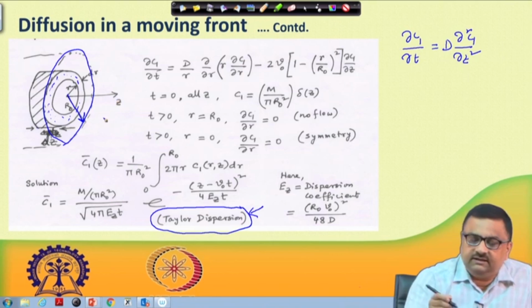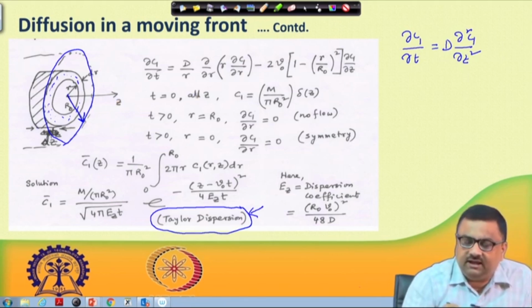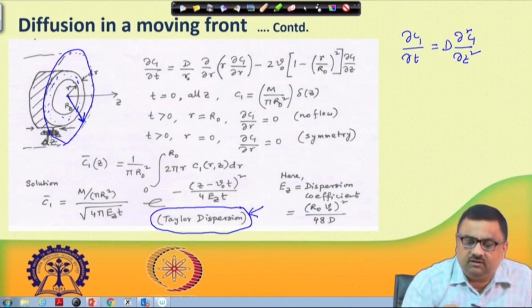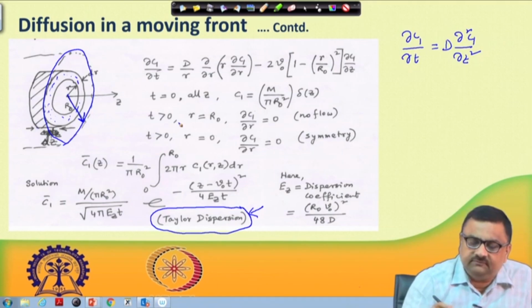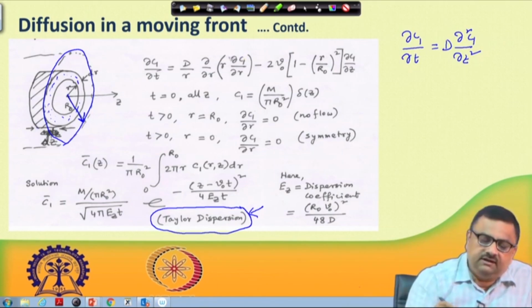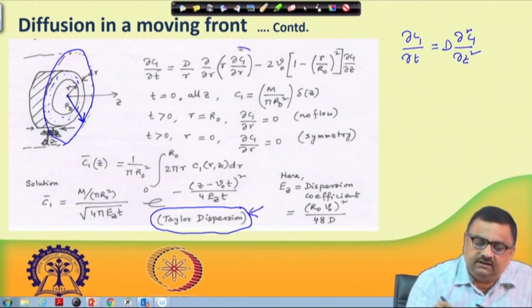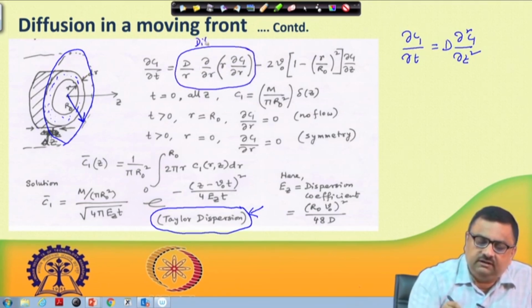So, in that case the right hand side, instead of this Cartesian one dimensional form, when you go for an RZ system, you are considering the diffusion in the r direction. That means D by r del del r of r del c del r, this is diffusion in r direction.